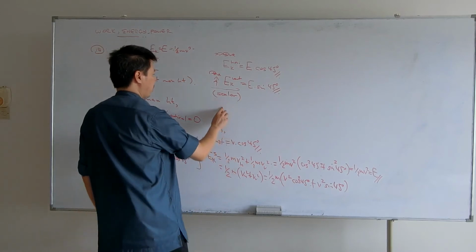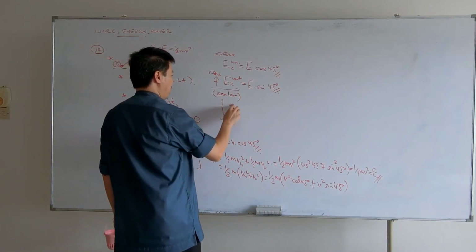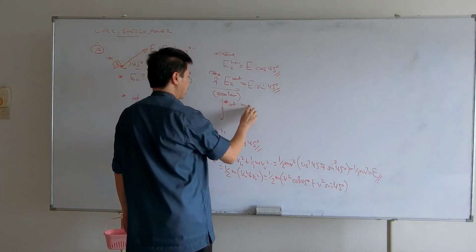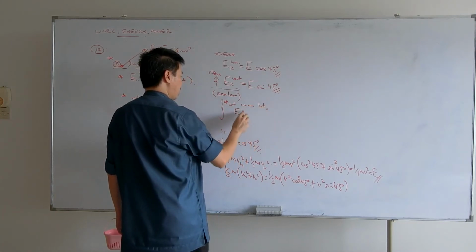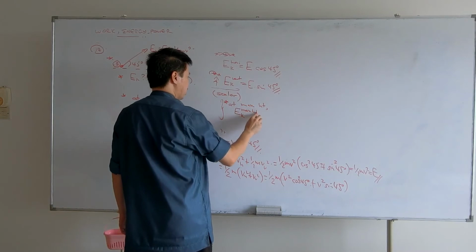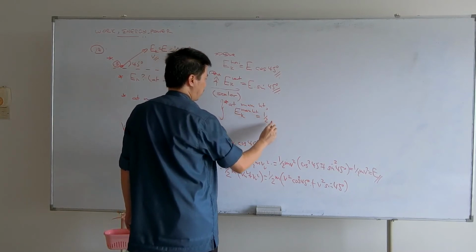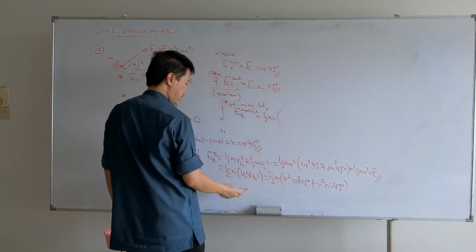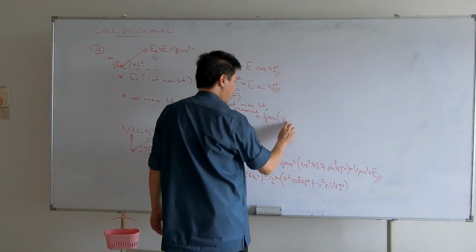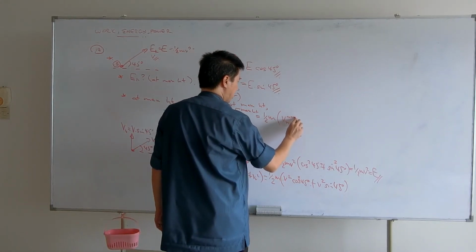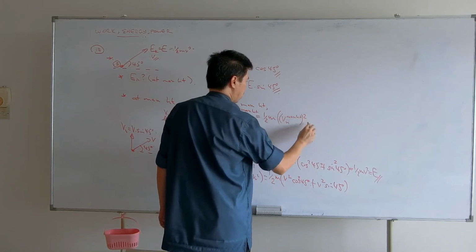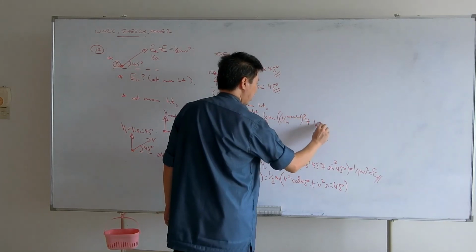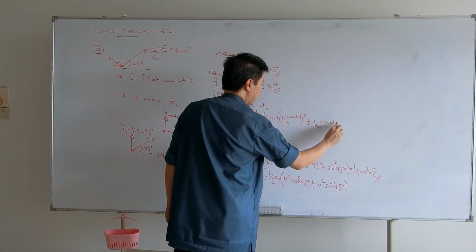So, therefore, at maximum height, EK at max height is equal to half m, V horizontal at max height squared plus V vertical at max height squared.